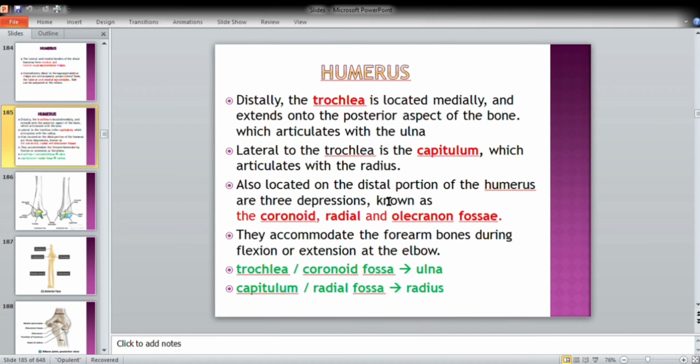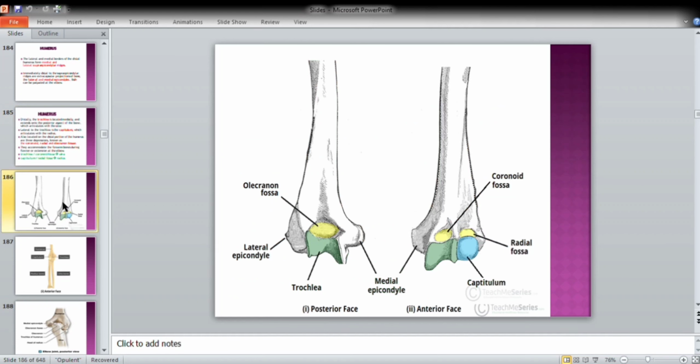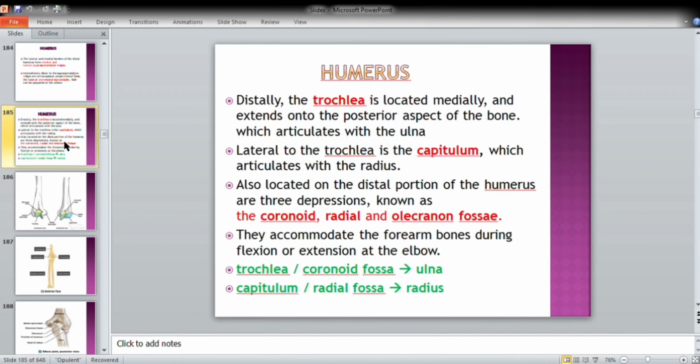Also located on the distal portion of the humerus are the three depressions, which we have already discussed: the coronoid, radial, and olecranon fossae. The olecranon lies posteriorly, and the radial fossa and coronoid fossa lie anteriorly.